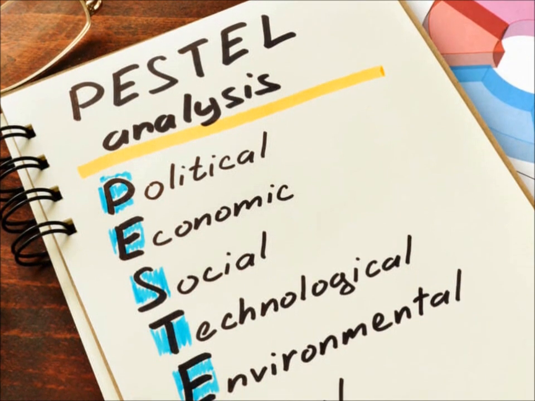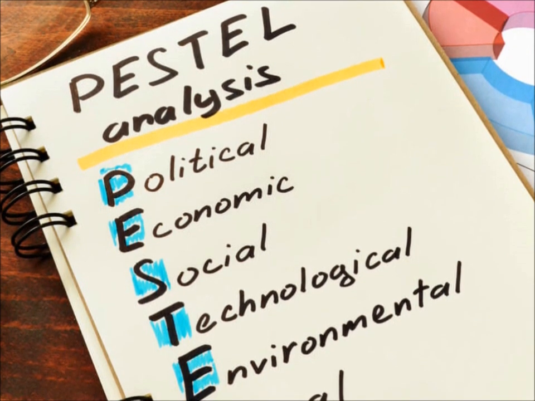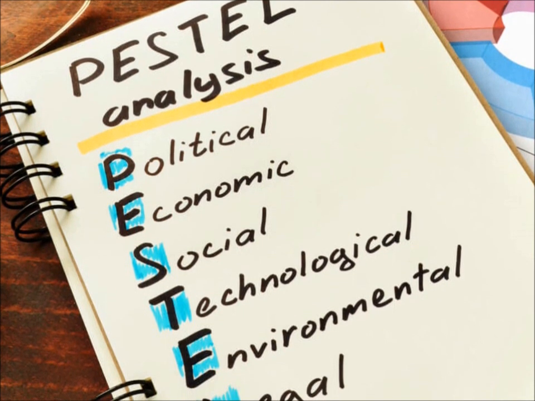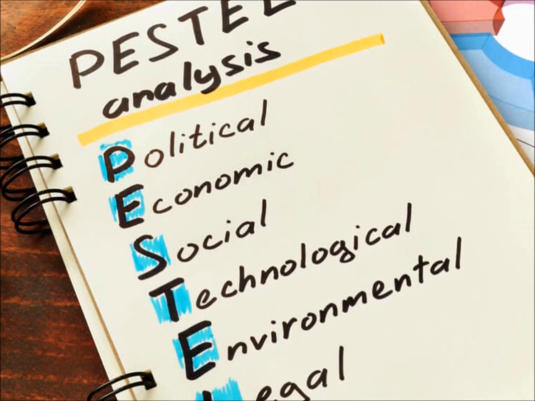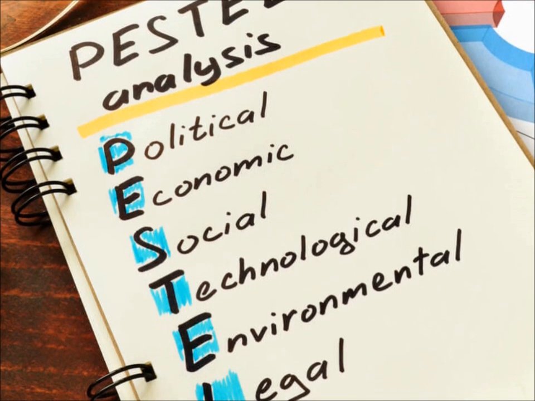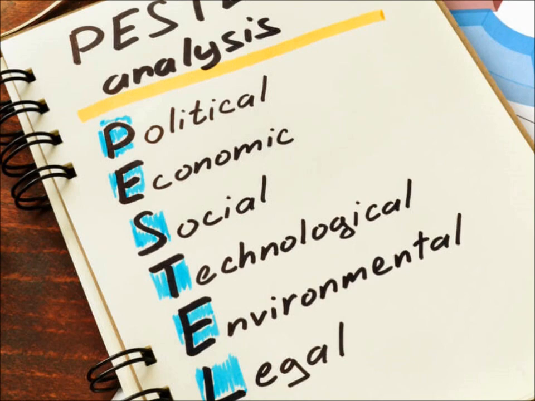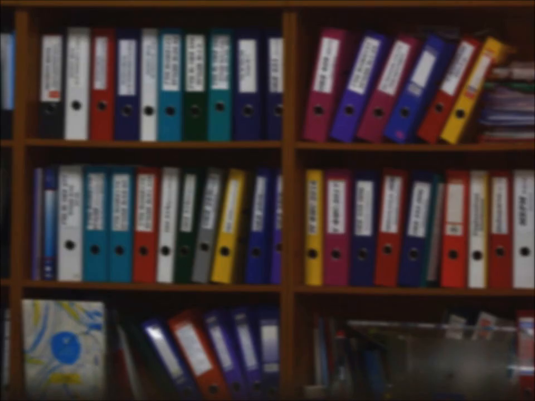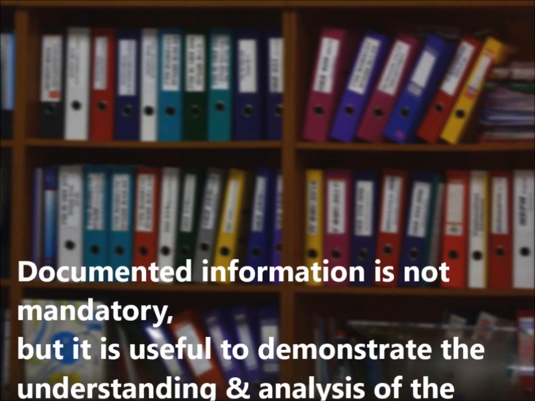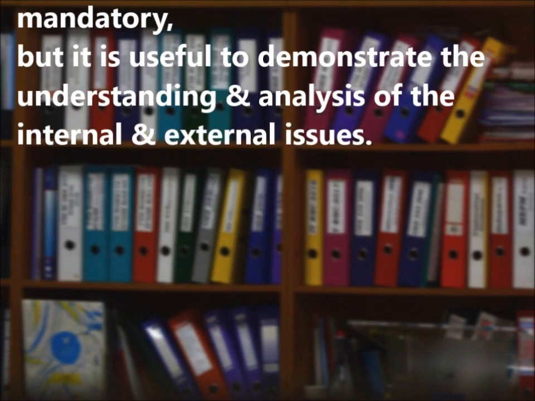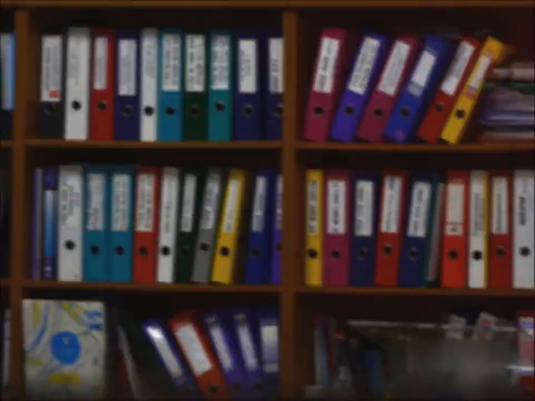PESTEL stands for P for political, E for economic, S for social, T for technological, E for environmental, L for legal. Even though documented information is not mandatory, it is useful to demonstrate the understanding and analysis of the internal and external issues.